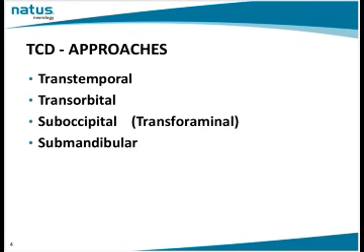For the transtemporal approach, we are evaluating the anterior circulation as our primary goal. For the transorbital approach, we're evaluating the carotid siphon. For the suboccipital approach, we are evaluating the posterior circulation. And the submandibular approach is something we'll talk about at the end. It is not normally part of a complete TCD exam, but is added in some situations.